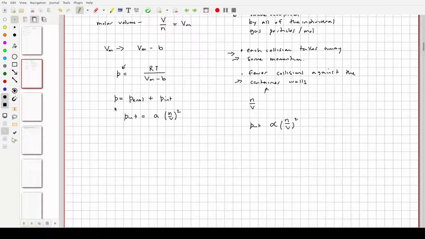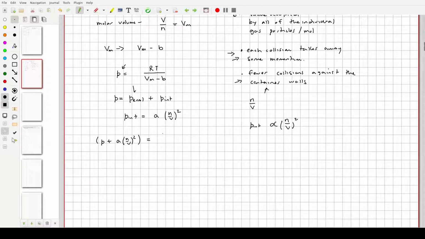So just for sake of convenience, if you will, I'm going to call the real pressure P. So on the left-hand side, now what I have is the real pressure plus A times N over V squared.